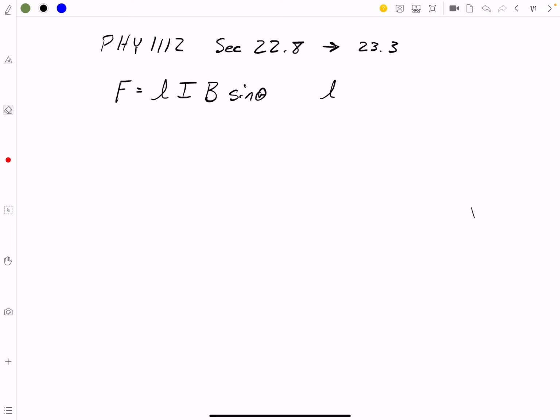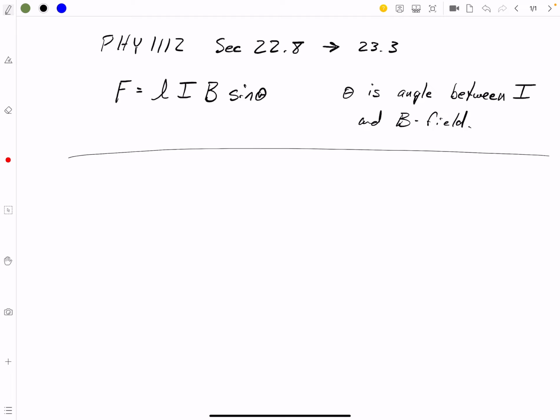No, it's the current direction and the B field. So theta is the angle between current and B field. Okay, so that's what we did last time. So if you don't remember that, go back a little bit.